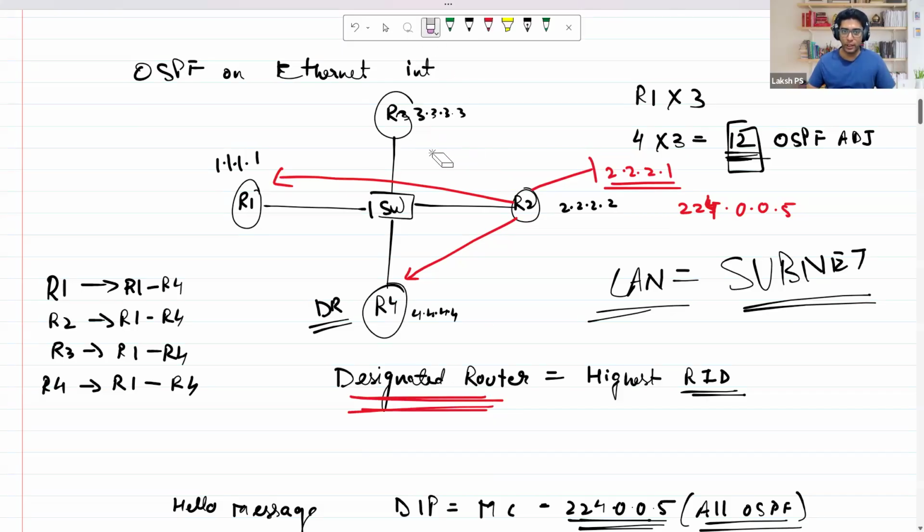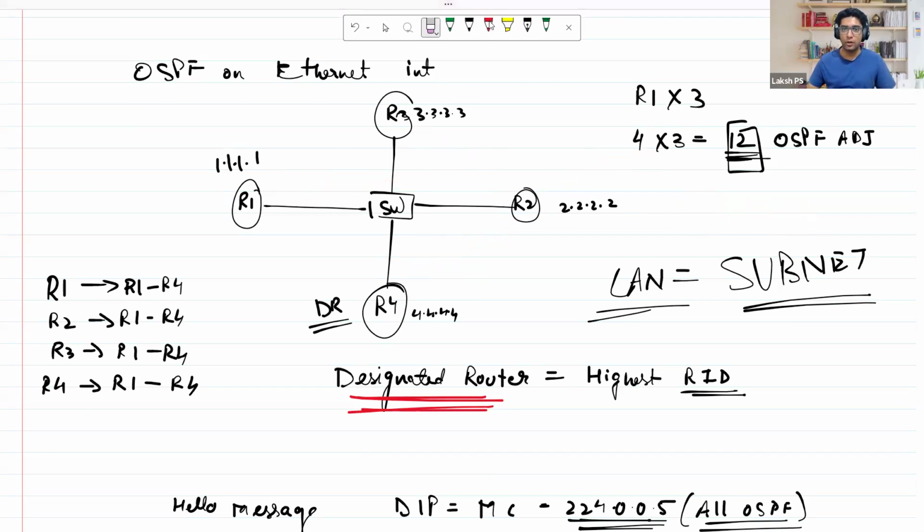For this purpose, we created one more multicast address, 224.0.0.6, which is the DR-only multicast address.